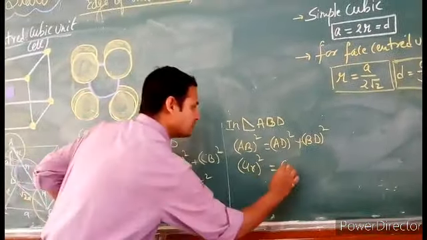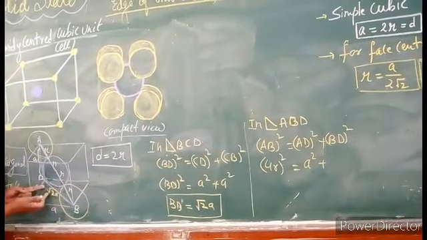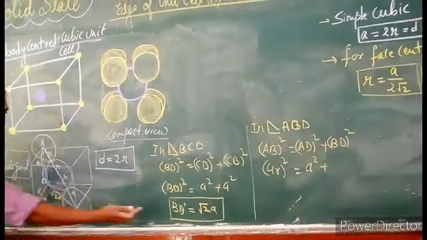AD is the edge, a square, plus BD, which is root 2 a, the face diagonal we just found, whole square.